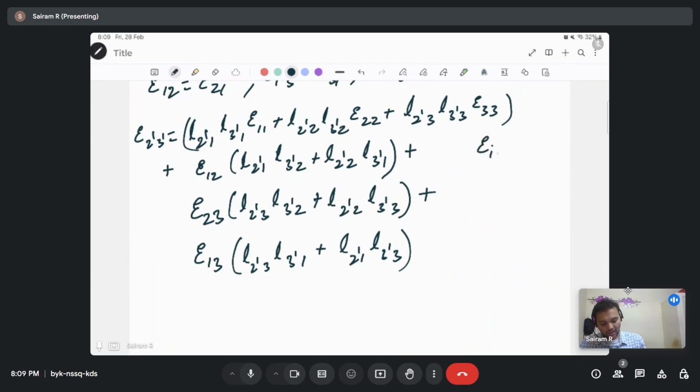epsilon ij equals 1 by 2 gamma ij. When we substitute this here, gamma 2 prime 3 prime equals for I not equal to j, which means that epsilon 1 1, epsilon 2 2, and epsilon 3 3 will remain the same.